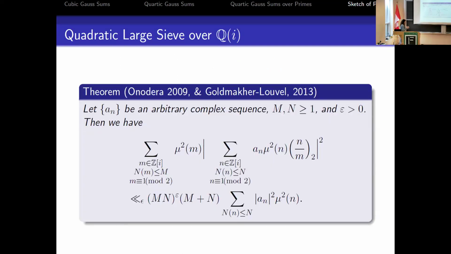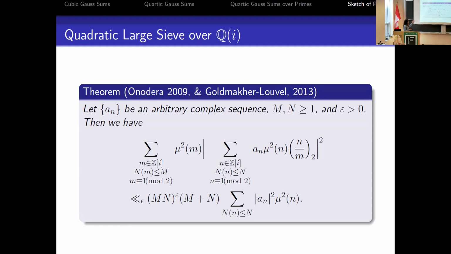And in estimating this last expression that you saw on the last slide, we use a quadratic large sieve over Q of i. This is the generalization of Heath-Brown's quadratic large sieve over Q. So Onodera has the result over Q adjoined i, and then Goldmakher and Louvel have an even more general statement over any number field. But Onodera's statement will suffice in our setting.